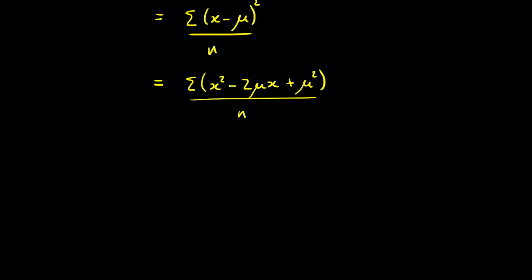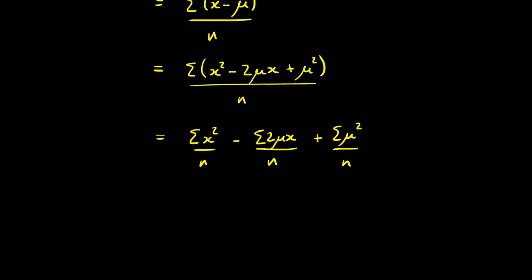Now this can actually be split up. We can split up our summation. This is going to be the same thing as the summation of x squared over n, minus the summation of 2 mu x over n, plus the summation of mu squared upon n.